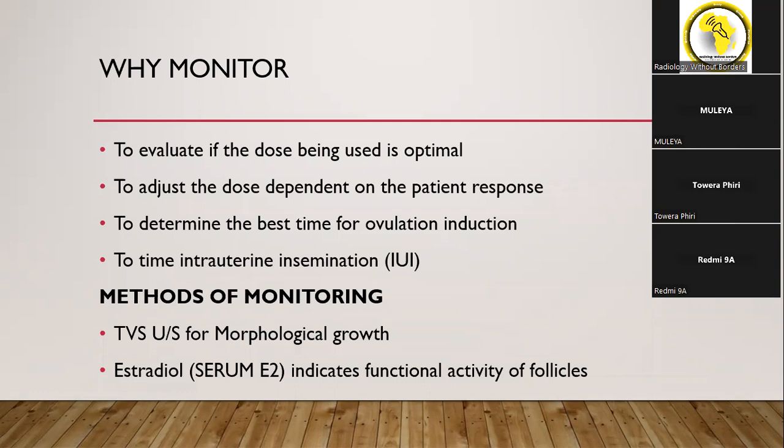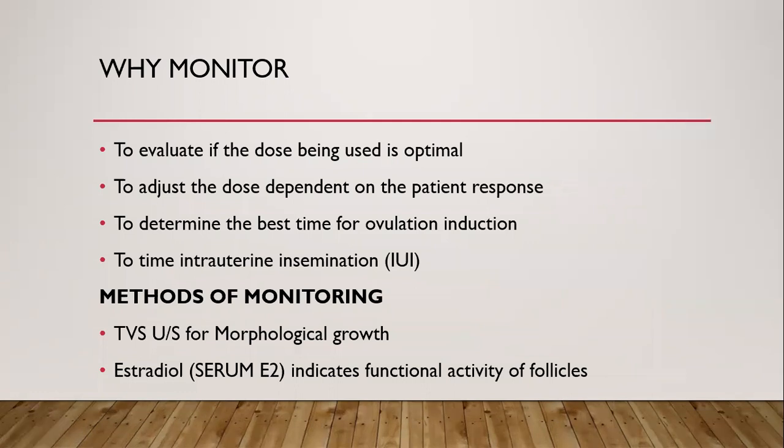So you need ultrasound to help us determine the best time for ovulation induction, the time when the ovum is in the follicle and they are able to induce it or get it and do some insemination there. Also to time intrauterine insemination.